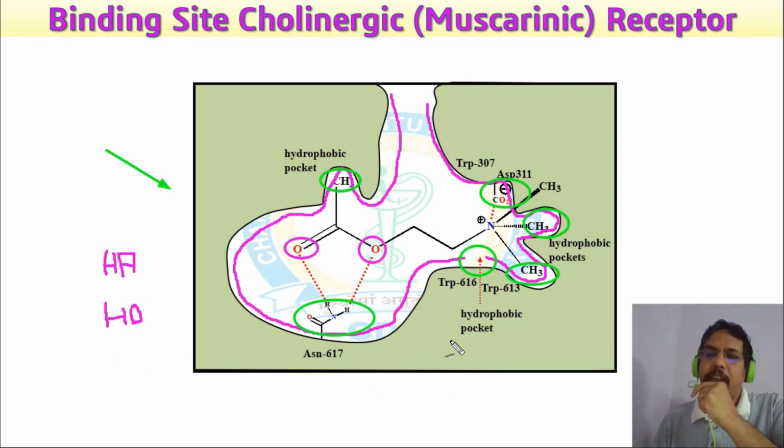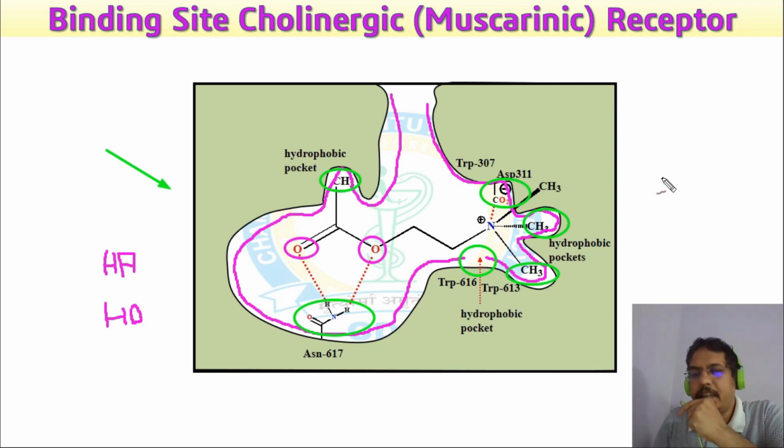Okay, then similarly, the receptor having an anionic part, then their complementary part on the ligand is the cationic one.